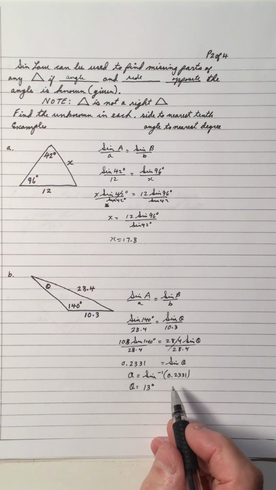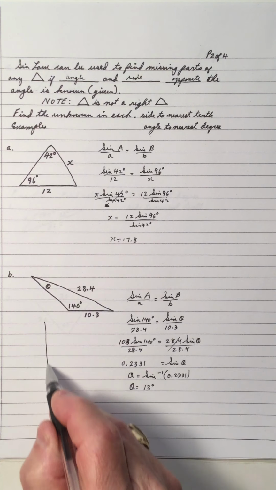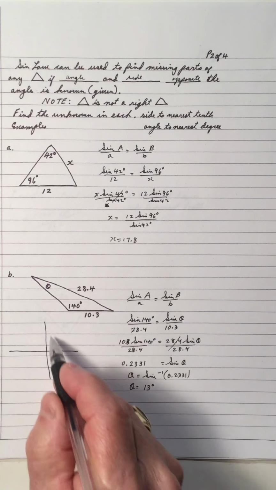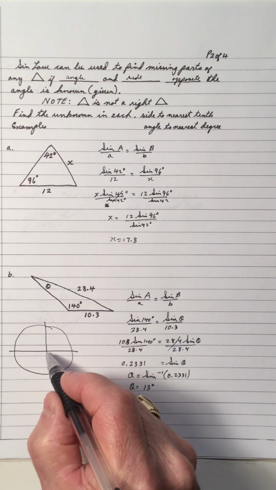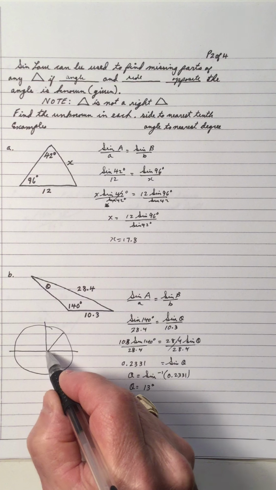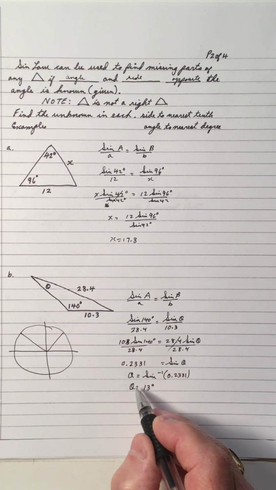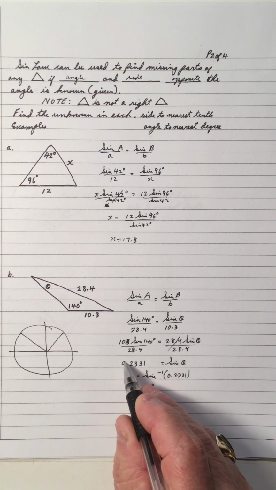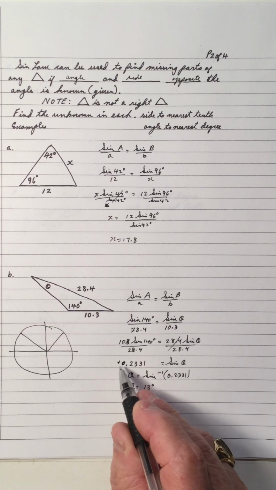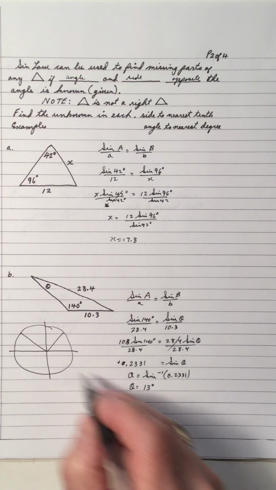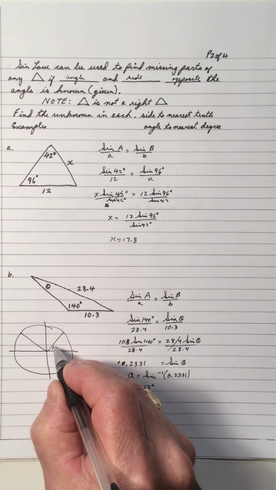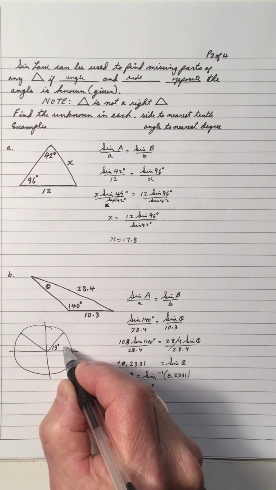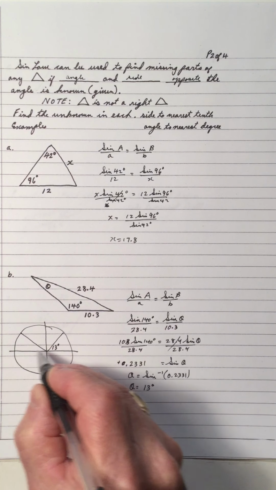We have a 13, but we have to remember sine is positive in quadrant 1 and quadrant 2. Sine is positive. So 13 is the first answer because we've got a first quadrant angle, and the reference angle here is 13.